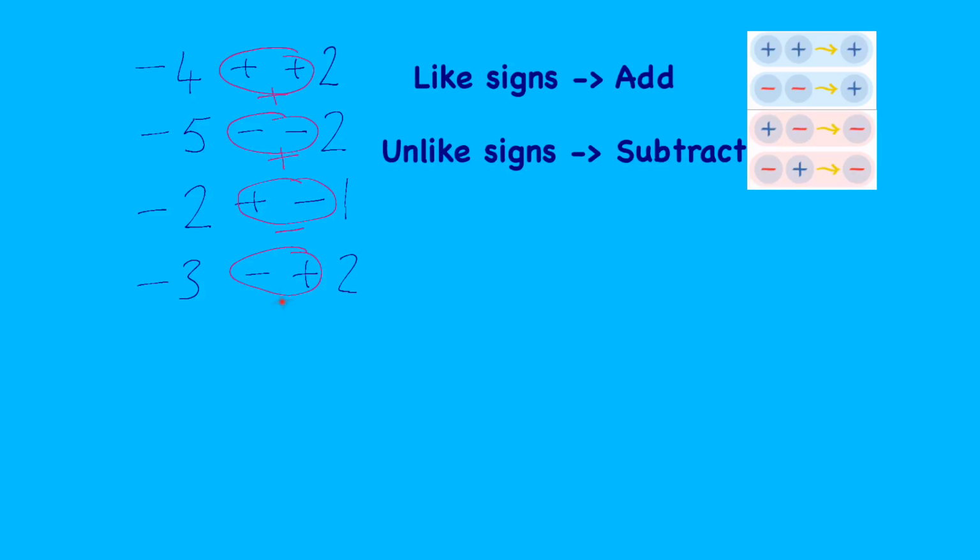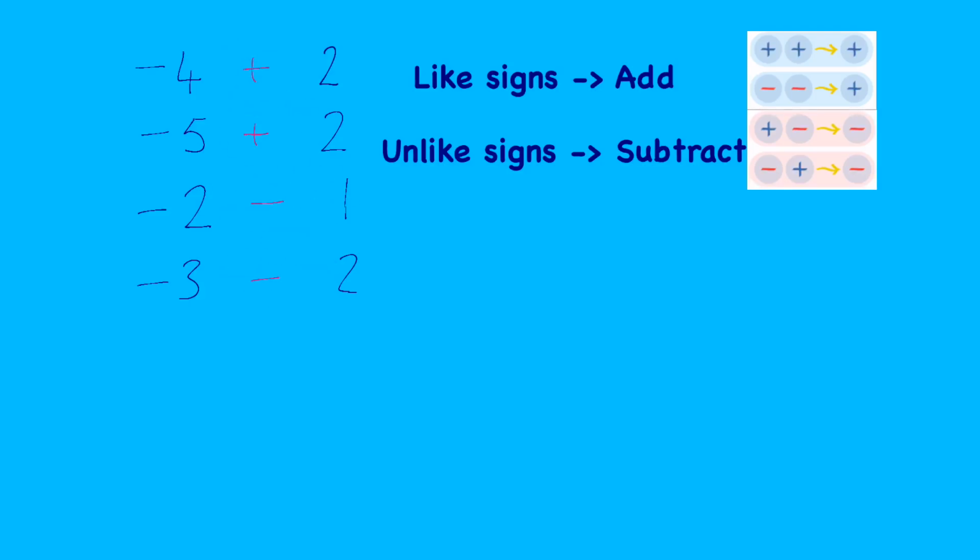And below it we have again 2 unlike signs, so that will also be a subtract. Now these signs here at the front, don't let that put you off. All we're doing at the moment is changing these 2 signs that are right beside each other.